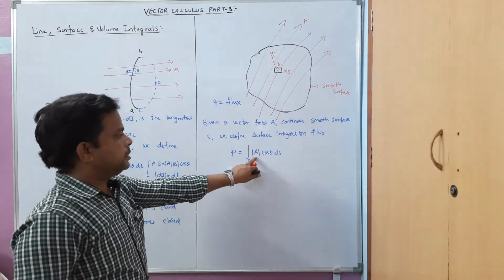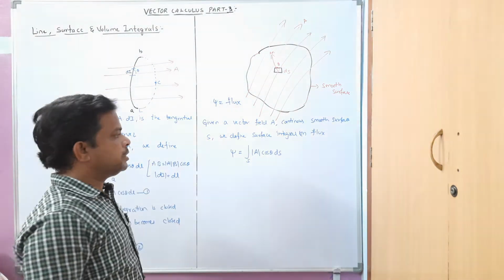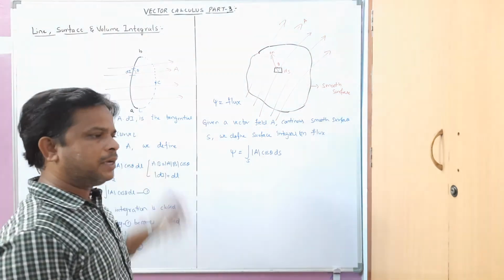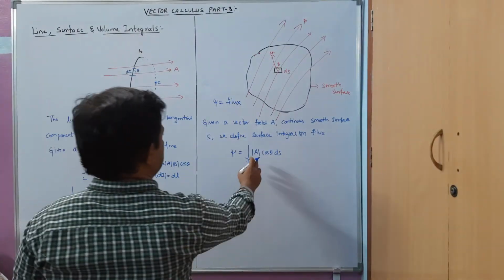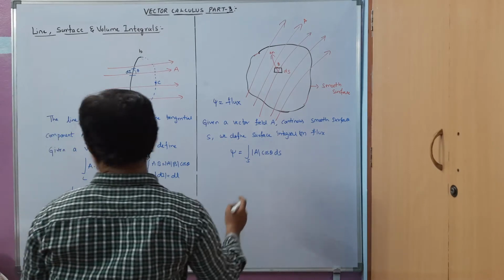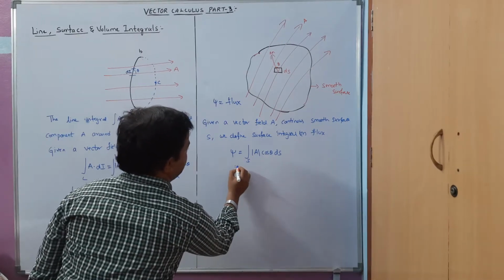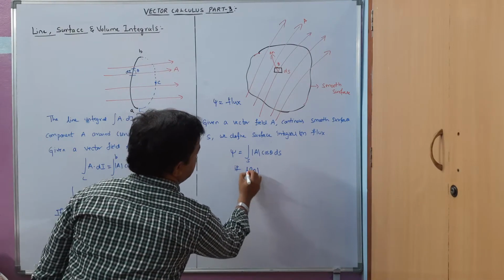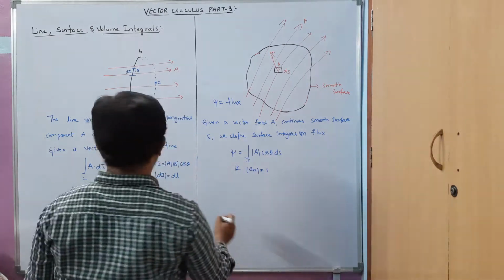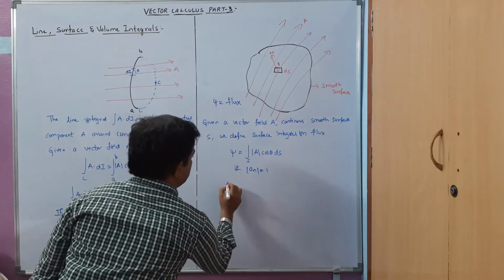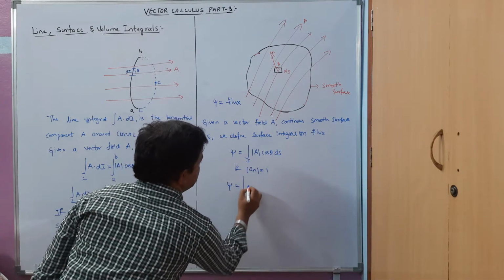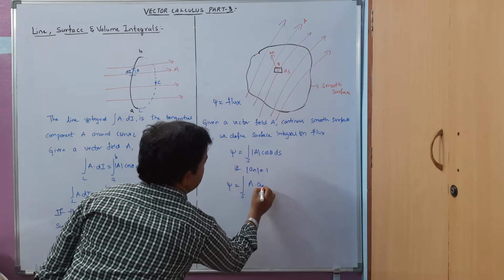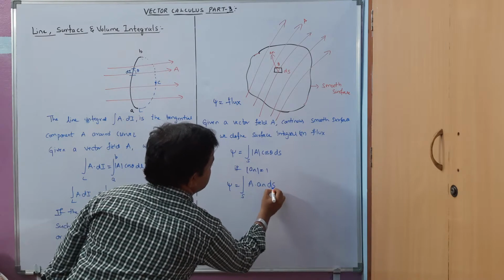So this is the vector field A. We know the dot product of two vectors is given by A dot B. Now if I take the dot product like this, we know that mod AN is equal to 1. So psi is equal to surface integral A dot AN ds.